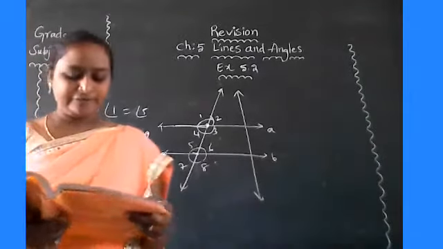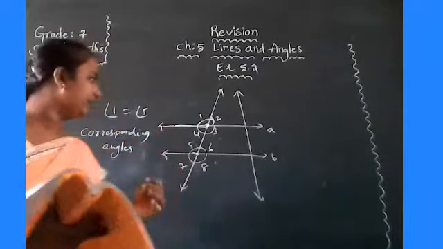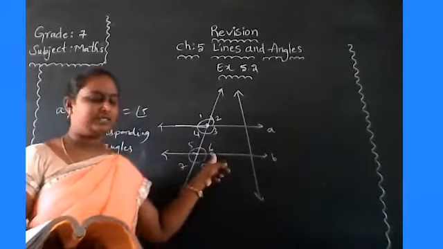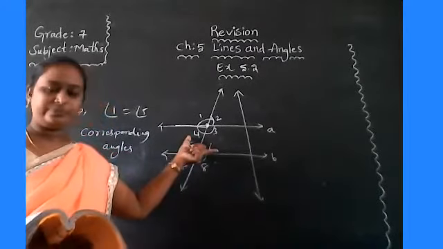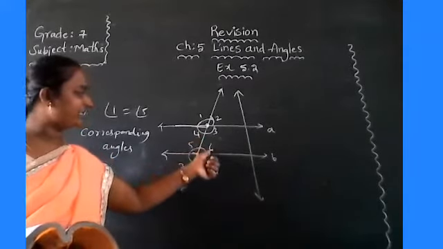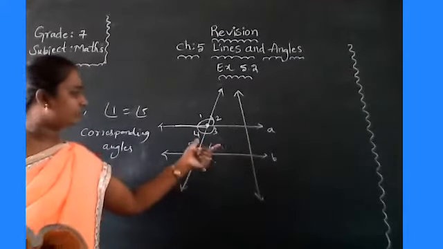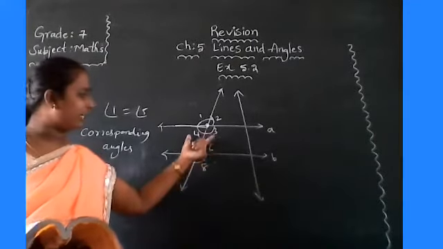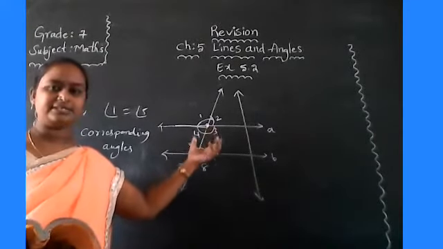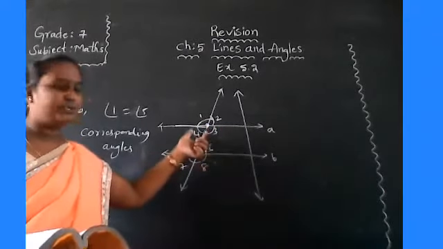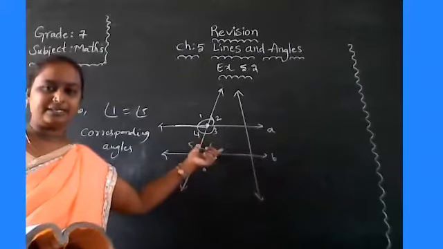Second one. If A is parallel to B, angle 4 is equal to angle 6. Where are these angles lying? These angles are lying inside the lines, so these are alternate interior angles.